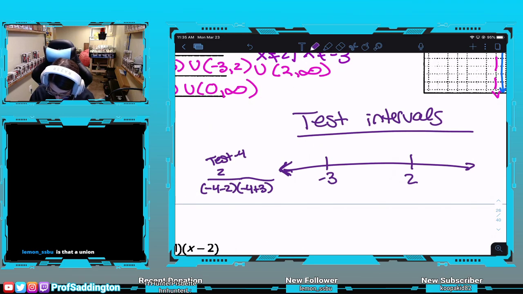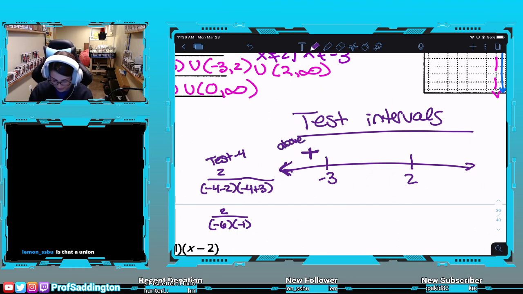Sorry, I'm kind of squishing my work here. 2 over negative 6 times negative 1. I don't really care what the value of that is. I just want to know, is my final answer going to be positive or negative? And negative times negative is a positive. So I'm going to put a plus sign here. So we know that's going to be above the graph.